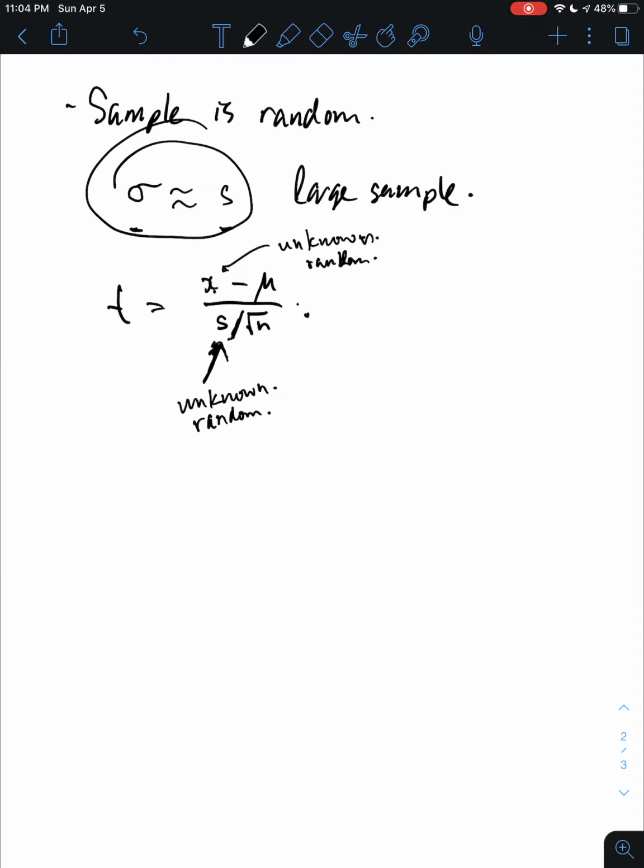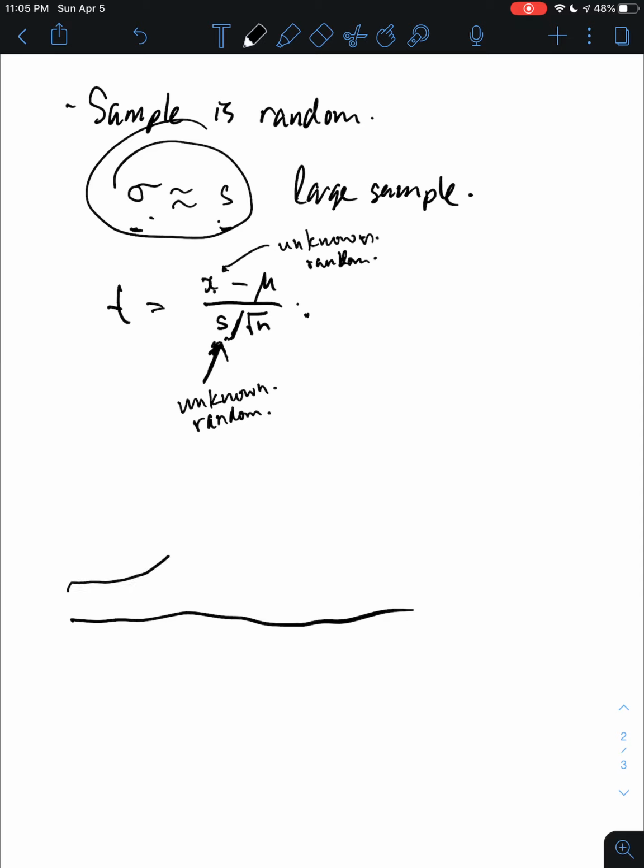For a large sample, S is anchored by sigma because of this relationship for large samples. In the small sample case, this S can drift considerably and unpredictably away from sigma. So that means that there's some more randomness here, and you have to very carefully sort it all out, and that's exactly what William Gossett did. And what he found is that there is another distribution.